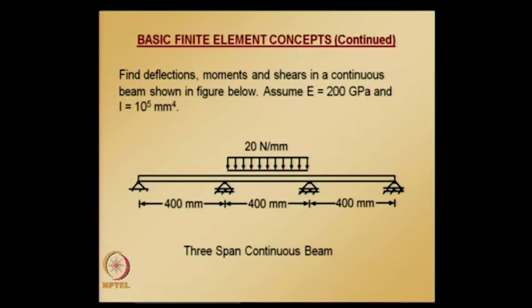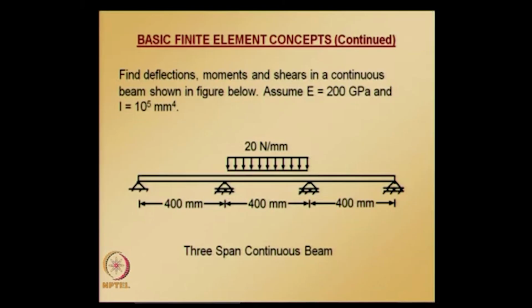Similar to what we did earlier, since this problem is symmetric with respect to the midpoint, we can take advantage of symmetry and only model half of this continuous beam.